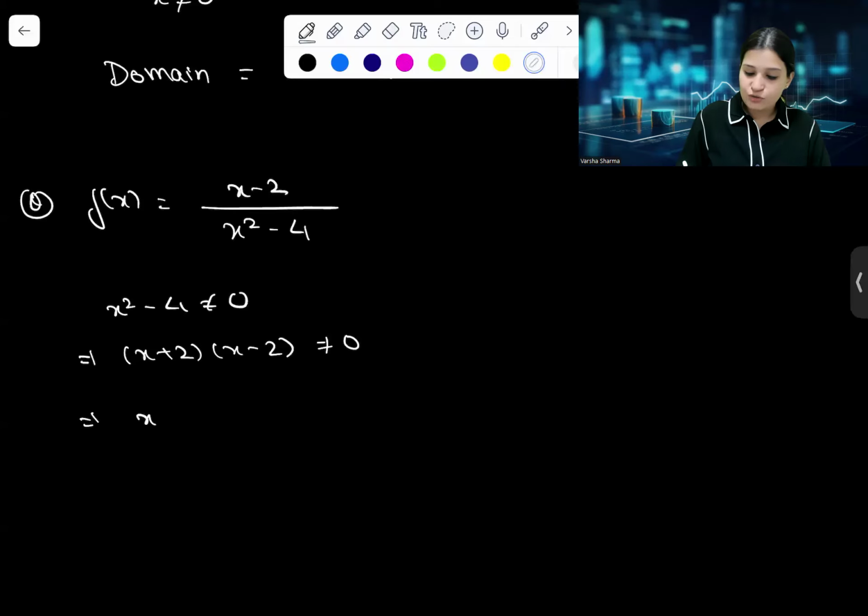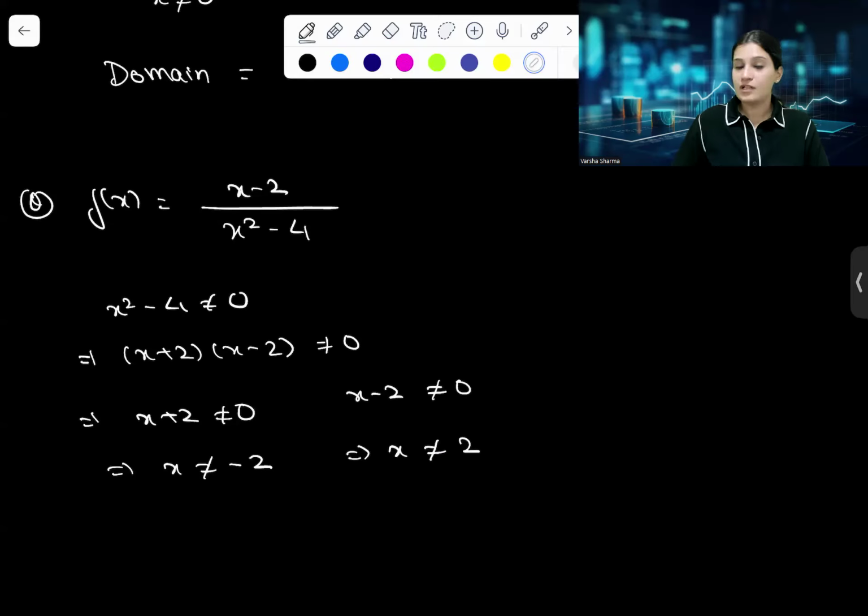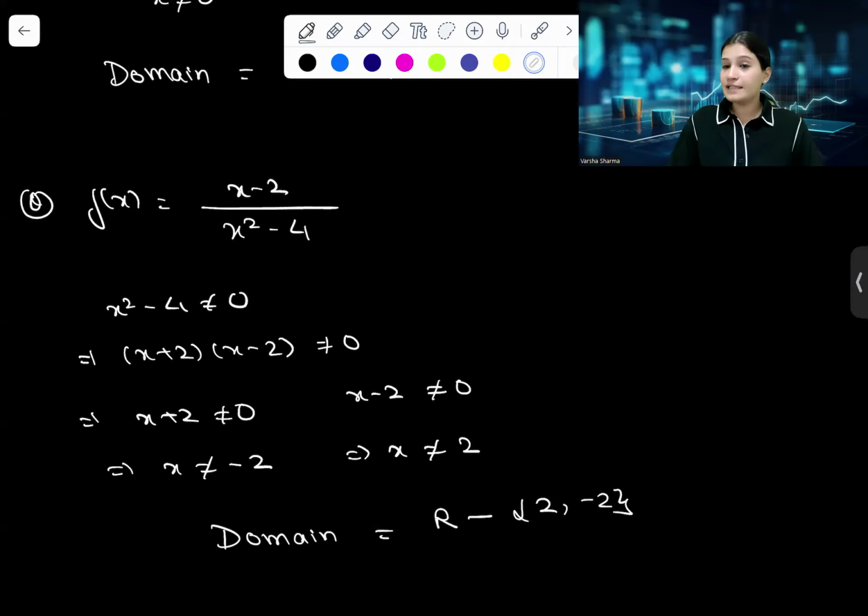So x plus 2 should not be 0, that means x should not be minus 2. x minus 2 should not be 0, so x should not be 2. So my domain will be all real numbers except 2 and minus 2. Everything is allowed, only these two numbers are not allowed.